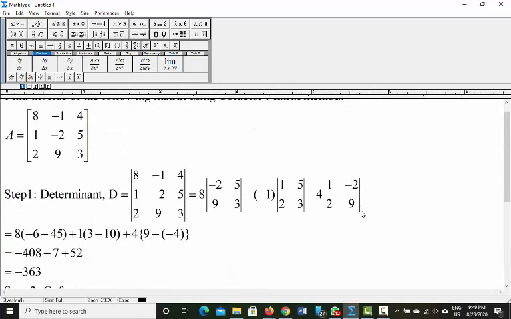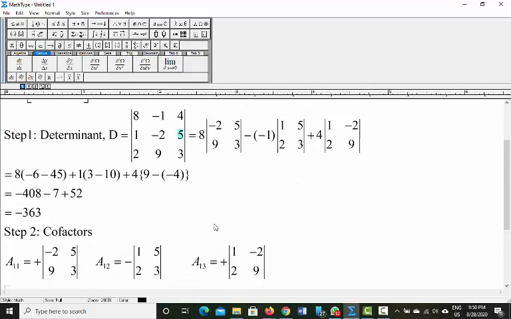Now we will find out the cofactor of this one. If you want to find out the cofactor of this one, we will ignore this row and this column. So what will we have in hand? 8, minus 1, 2, 9.